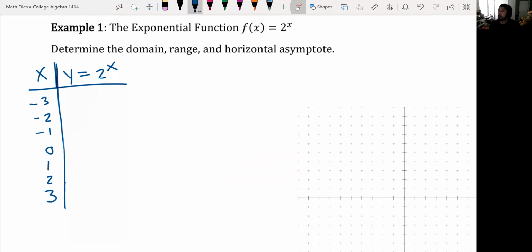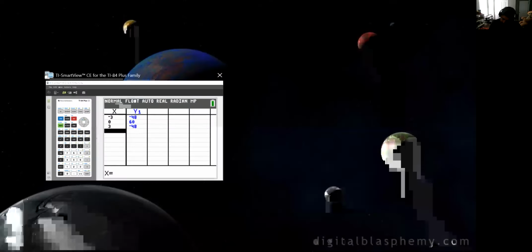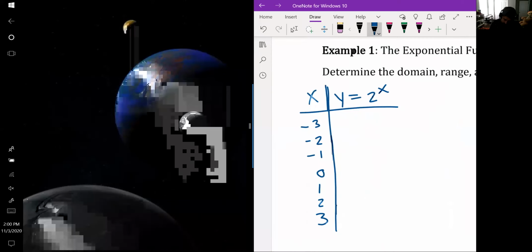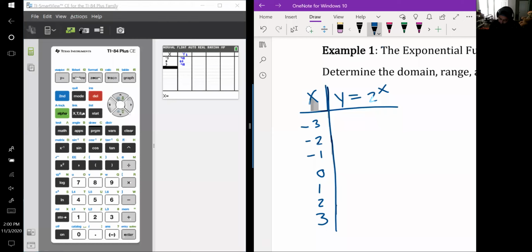Okay, I guess I should bring out my graphing utilities. Let's do it. Hey, look at that. So we're graphing 2 to the x.